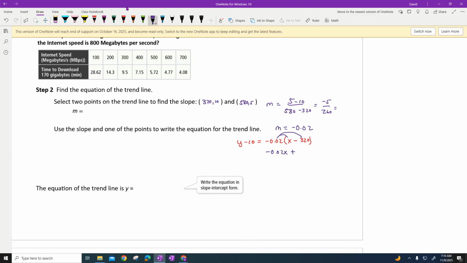Make sure you're putting in 0.02. I'm expecting a lot of kids to put 0.2. I got a positive 6.4.